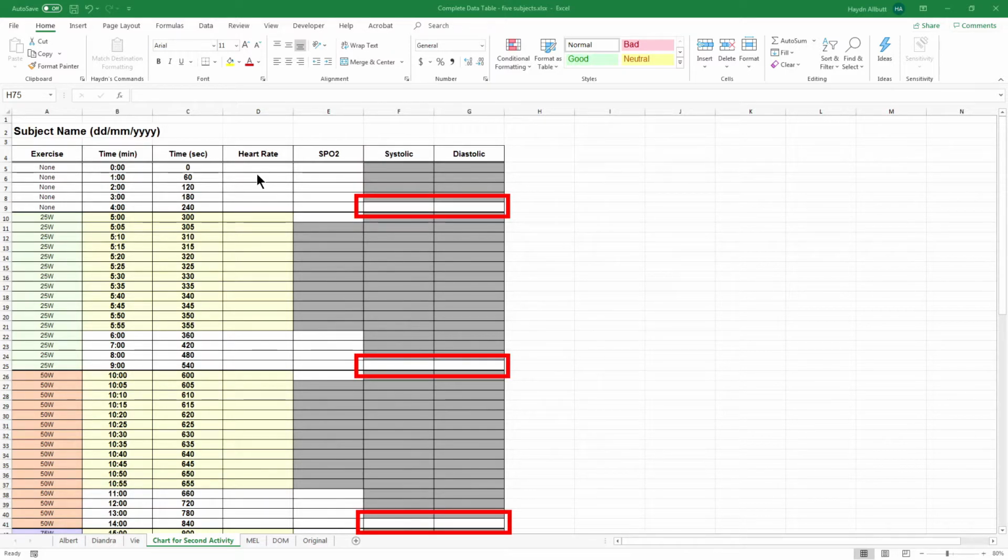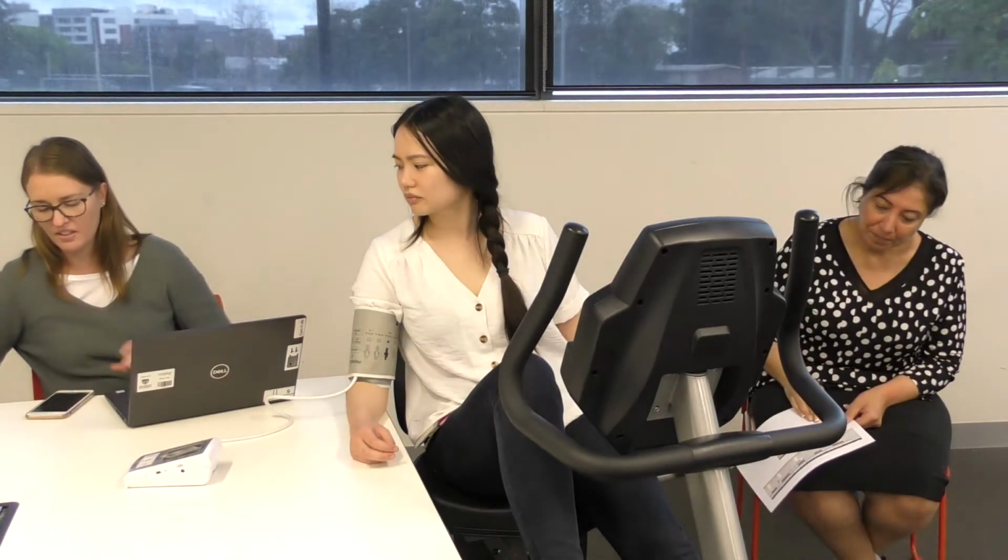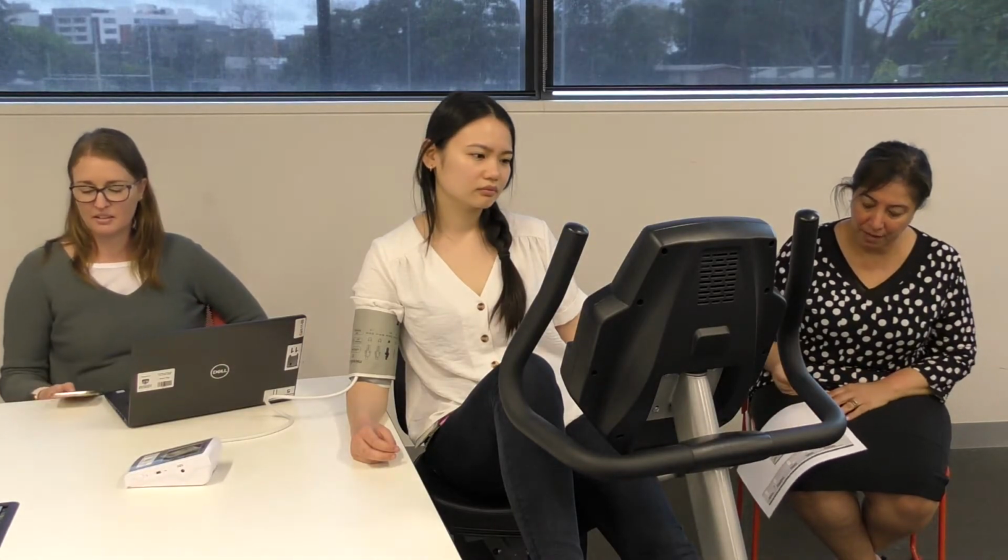So at the end of rest, the final minute of work rate 1, final minute of work rate 2, final minute of work rate 3, and during recovery. Before starting the experiment, we need to have our subjects all geared up. Firstly, we'll put the blood pressure cuff on the right arm so it is leaning on the table, as you can see here.